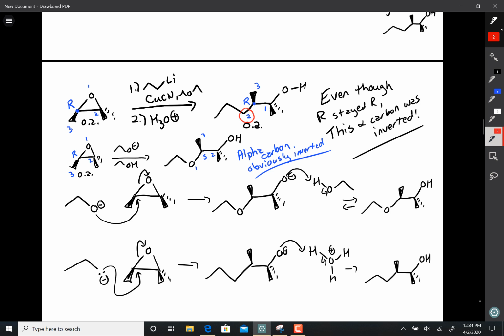So if you want to make sure that you inverted and you're using the R and S system, make sure that your nucleophile, no matter what the actual priority is, has the highest priority.